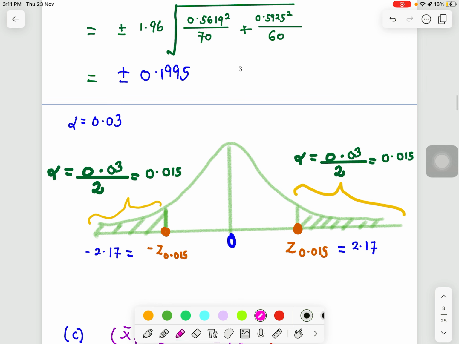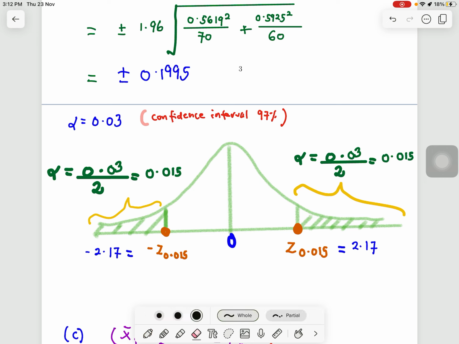So if they want confidence interval 97%, so here we write confidence interval 97%.